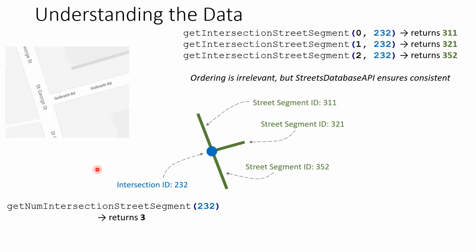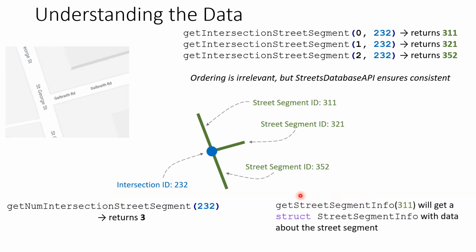And for each of the 3 street segments, we are getting their street segment index from calling 0, 1, 2. So 0 to num intersection street segments minus 1. And after getting all of the street segment indices, we get the street segment info respectively.